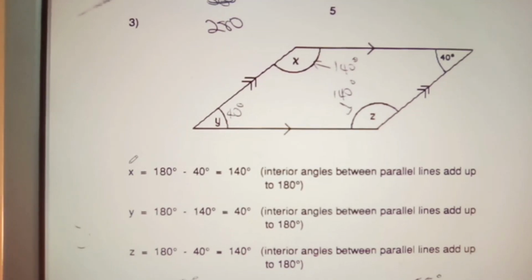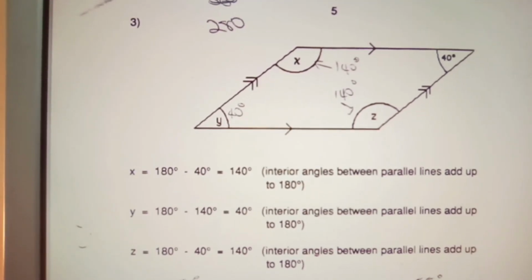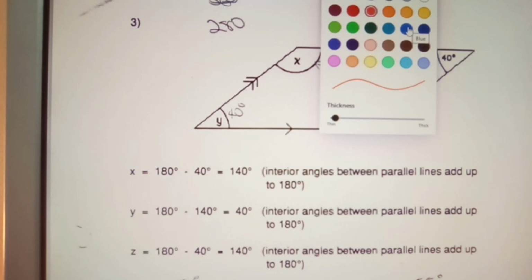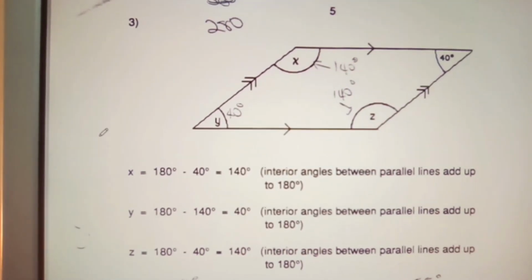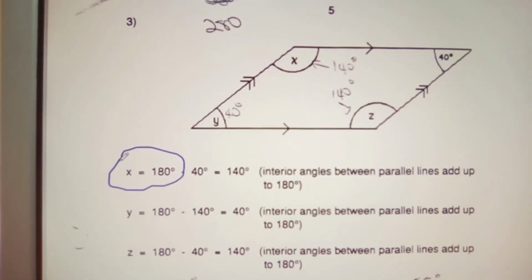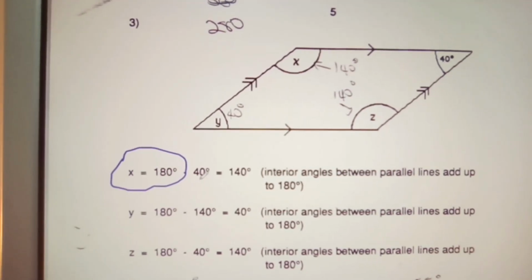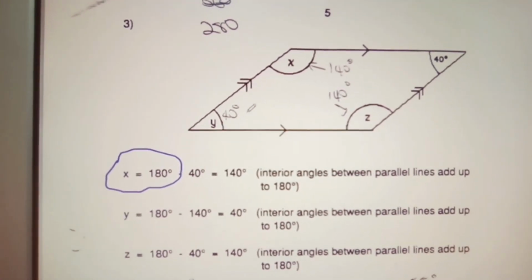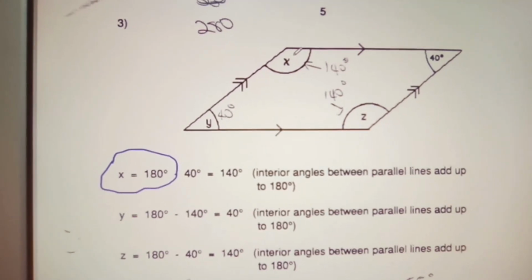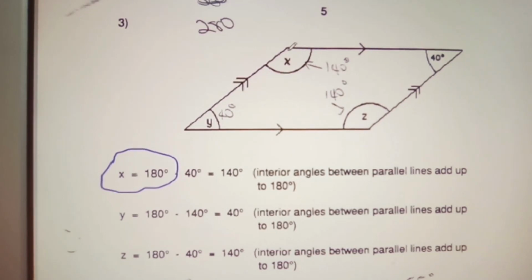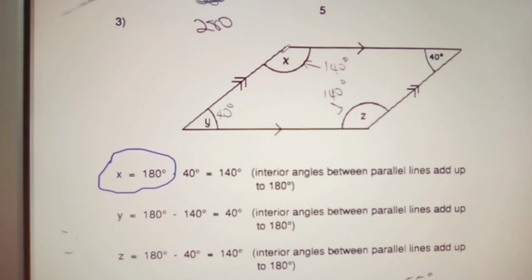So we have here x. Let me change color a little bit. We have x, which is 180 minus 40. We know that these two will have to add up to 180, whichever way you want to look at it.